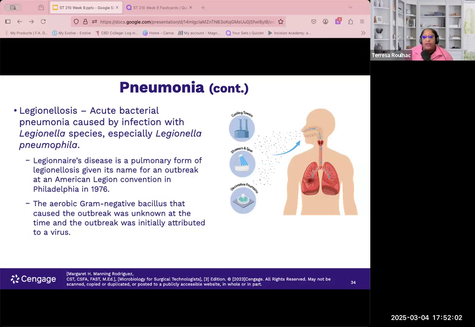Legionella bacteria thrive in warm water environments and have been found in places like shower heads, sink faucets, hot tubs, water heaters, decorative fountains, air cooling systems, and even building plumbing.